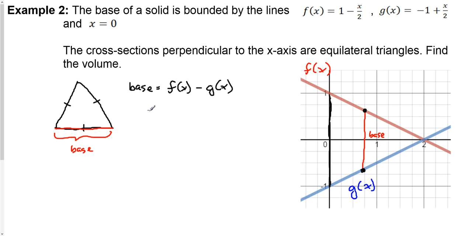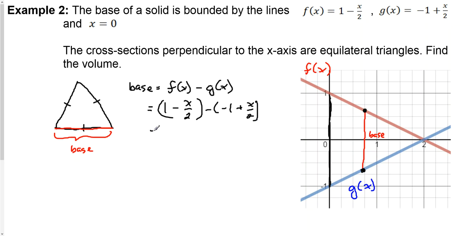And we're given these two functions. So f at x is 1 minus x over 2. Sorry, not a pi, but x. 1 minus x over 2. And g at x is negative 1 plus x over 2. Let's try this again. Negative 1 plus x over 2.